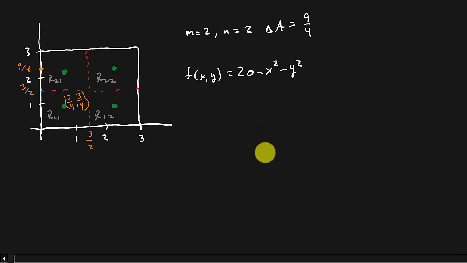If I want the midpoint between 3/2 and 3, I just add them up and divide by 2. And of course this would be 3/4. This would be 9/4. So what is this? Well, this is going to be 3/4, 9/4. This is going to be 9/4, 9/4.